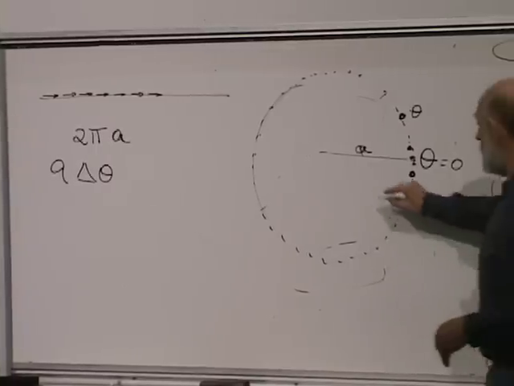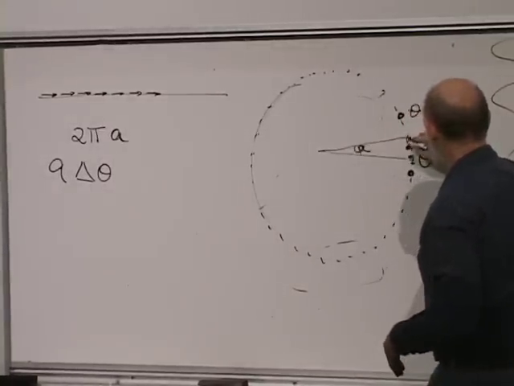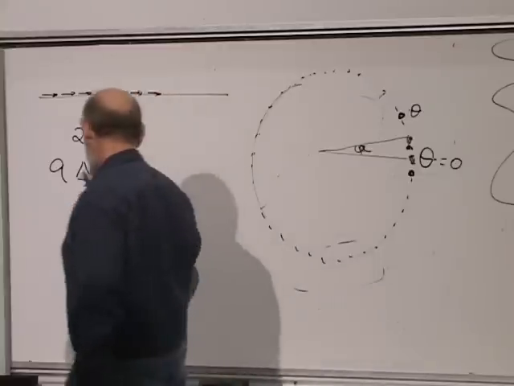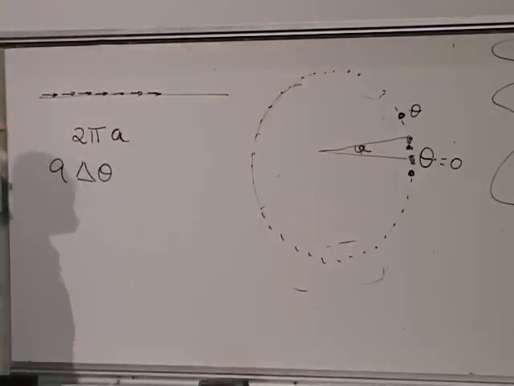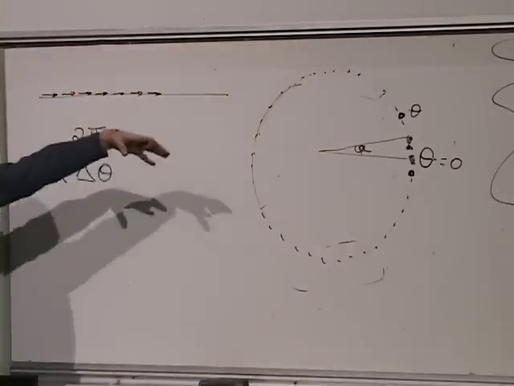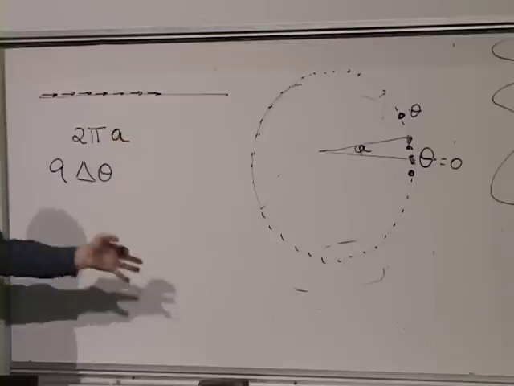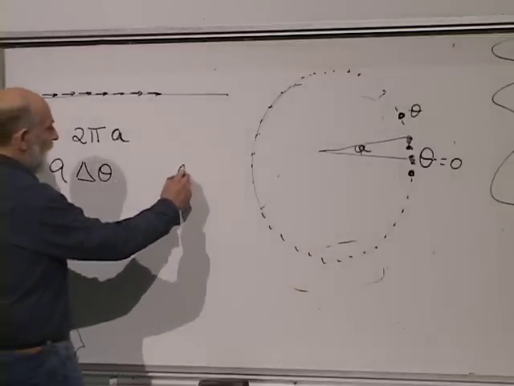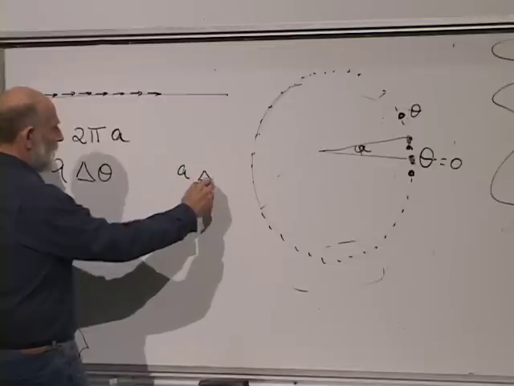The distance between 2 points on a circle of radius A is A times the angular distance. Well, this is very much like A times delta x. It's just I've used theta, and theta happens to have the property that when you go around the circle, you come back to yourself. But otherwise, this is very much like A times delta x.